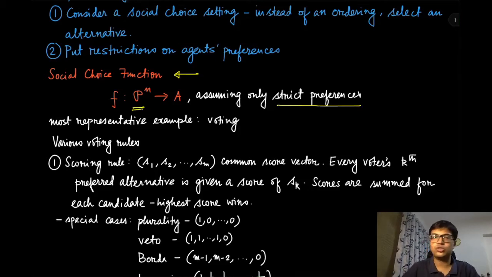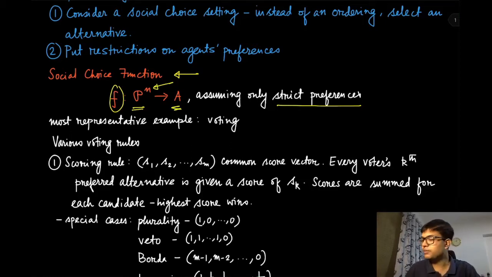In the social welfare setup, we were looking at all preferences which also included indifferences, but here we don't allow for indifferences and we have only strict preferences. So if all these n agents have their strict preferences given to this social choice function, this function f will pop out one alternative rather than the whole ordering over that set of alternatives.